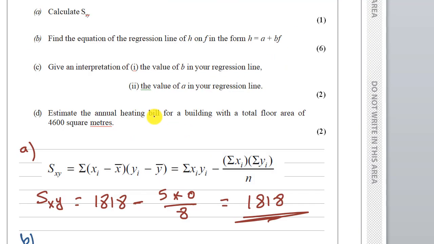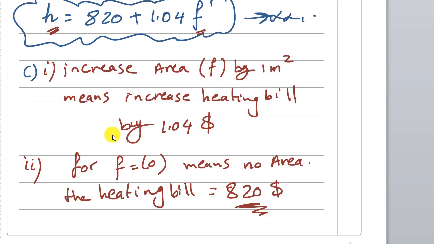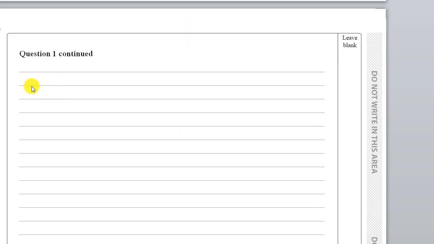Now estimate the annual heating bill for a building with a total floor area of 4,600 square meters. So according to the equation, H will equal 820 plus 1.04 multiplied by 4,600 square meters.